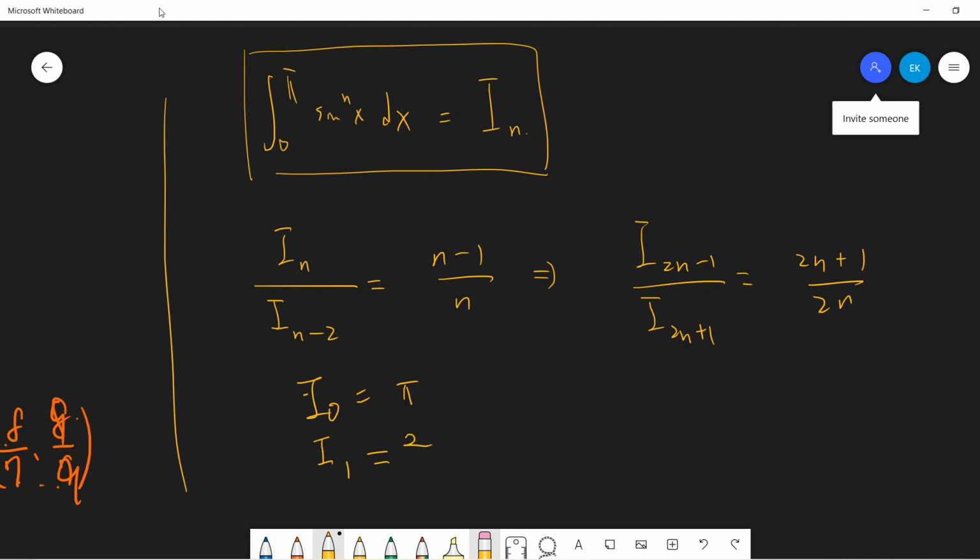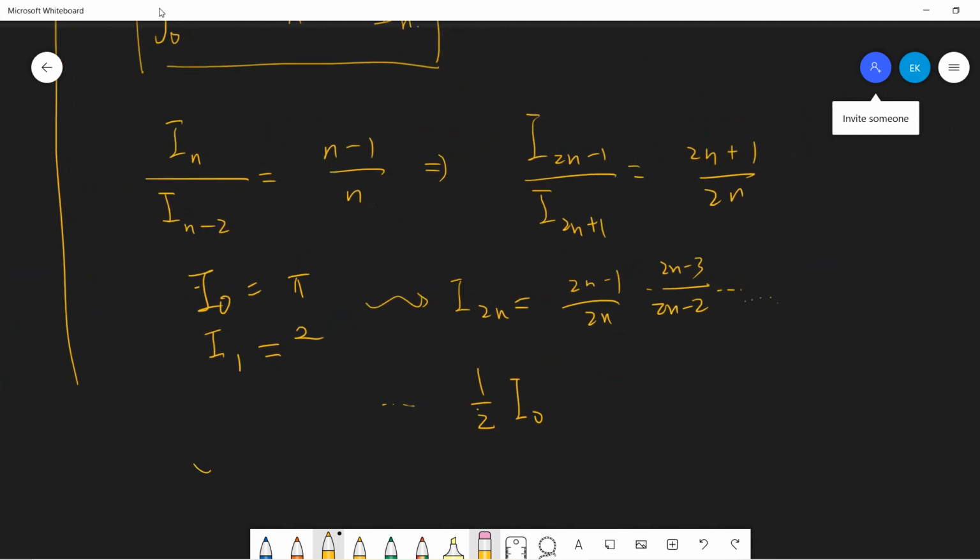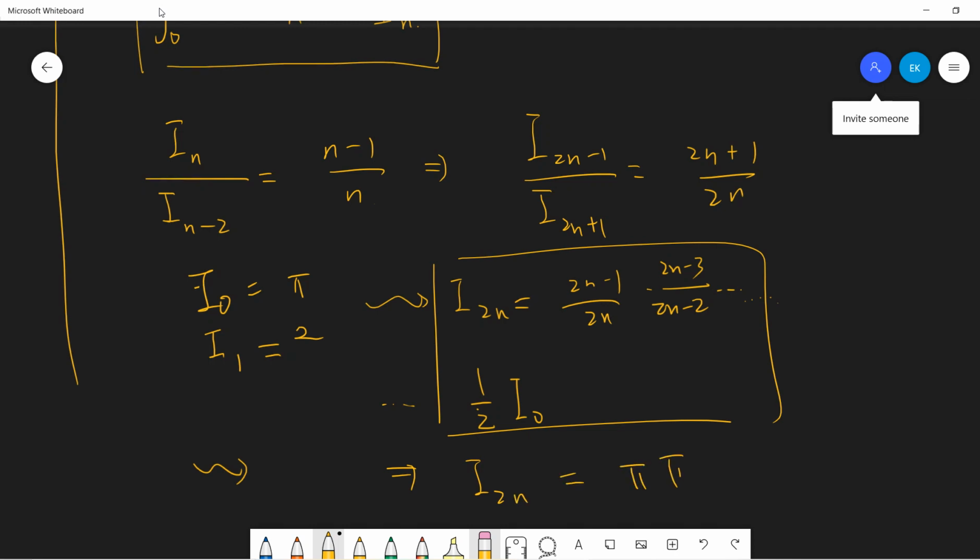You can use this formula by induction to get I_(2n), which is (2n minus 1) divided by 2n, times (2n minus 3) divided by (2n minus 1), and keep going until you get to half of I_0. Finally, I_(2n) becomes pi times the product for k from 1 to n of (2k minus 1) divided by 2k.